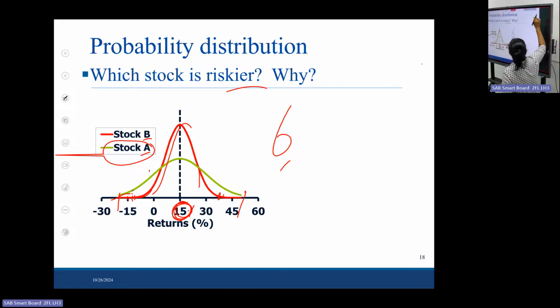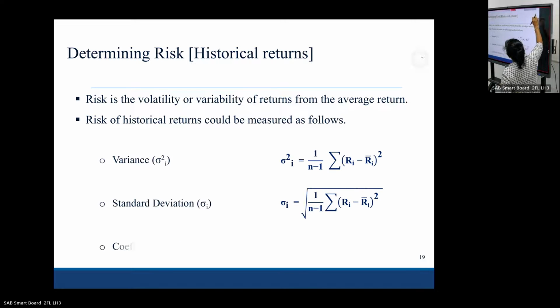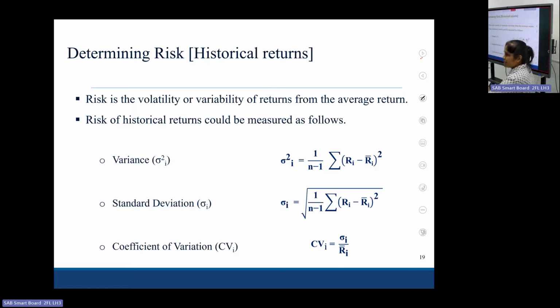You can calculate that using statistical tools. I think you have learned them earlier. Okay? So we are just taking from statistics and interpreting the risk.